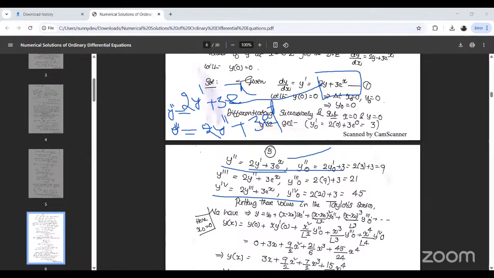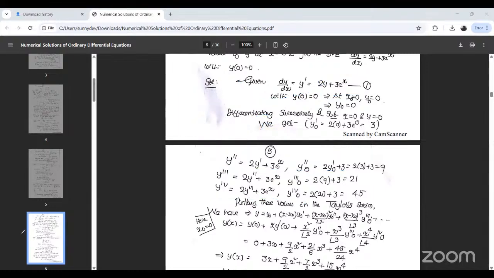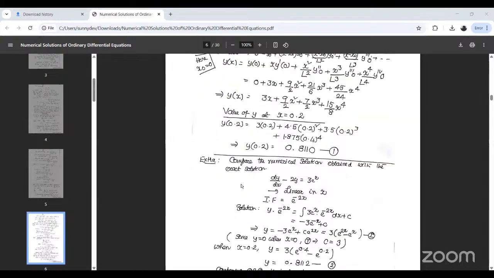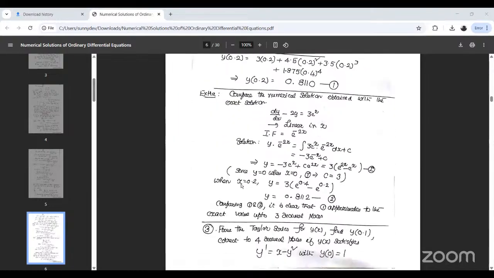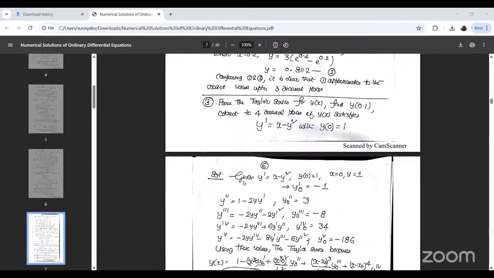So all the values we can substitute there, and we are getting the Taylor series. Students, you can do that problem as homework.